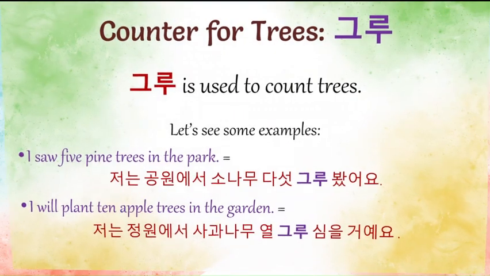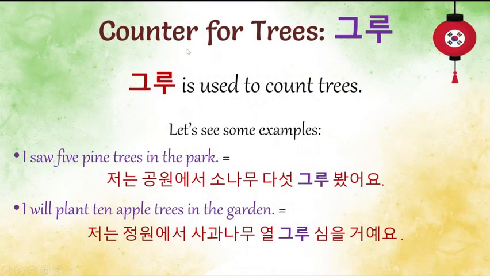Now let's look at the fourth counter word, and that is the counter for trees. It is 그루. So 그루 is used to count trees. Now look at this. There is a counter word for trees also in Korean language. This is the beauty of this language. Korean language is so intricate, so detailed that you have to focus even on the smallest things.